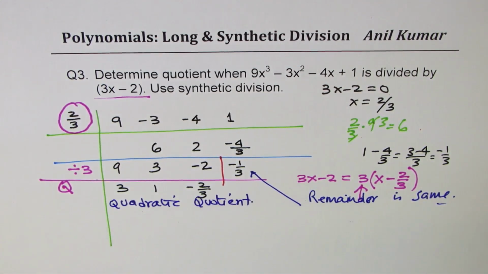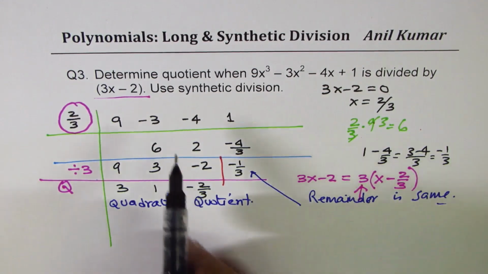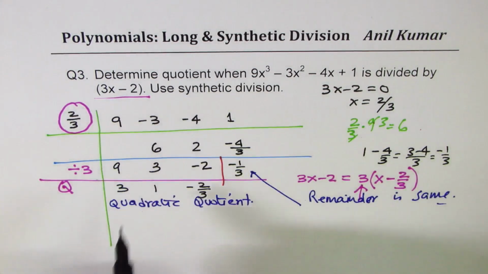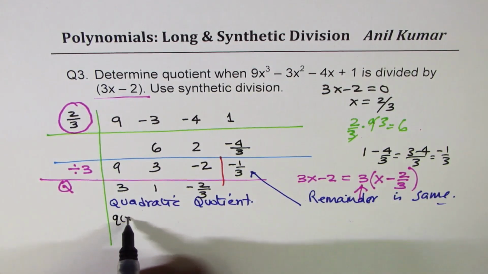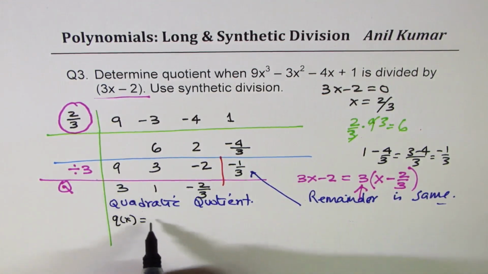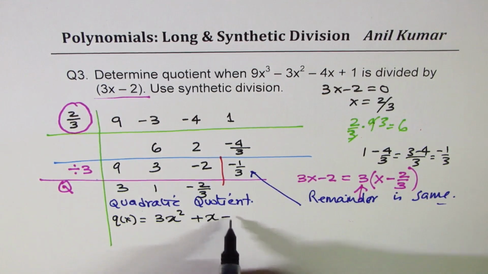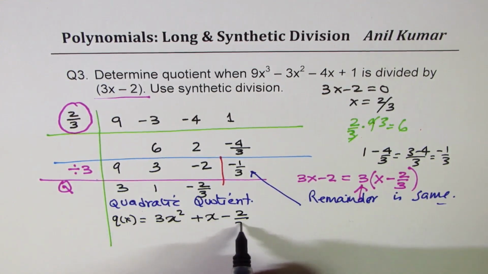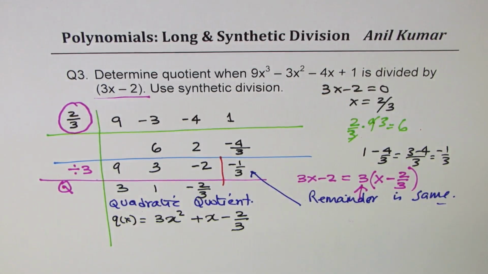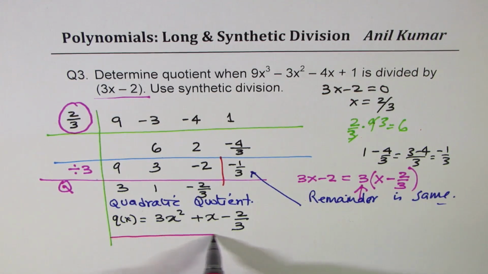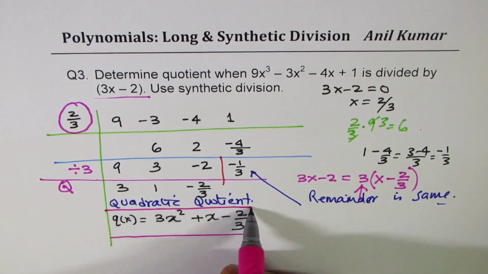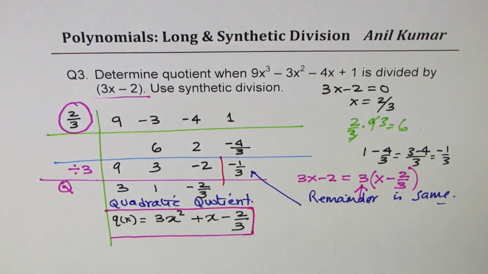Okay. Now, since the degree difference is 2, we are looking for a quadratic quotient. Clear? Of the form ax squared plus bx plus c. So the question is, provide quotient, right? So the qx is indeed equals to 3x squared plus x minus 2 over 3. So that is your answer. Do you get it? Very important exercise.